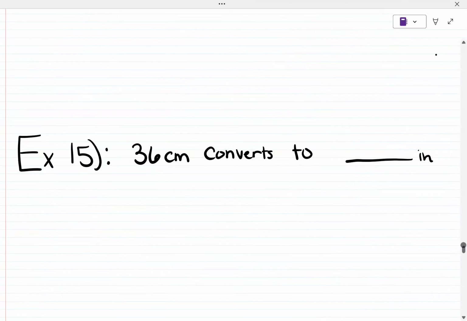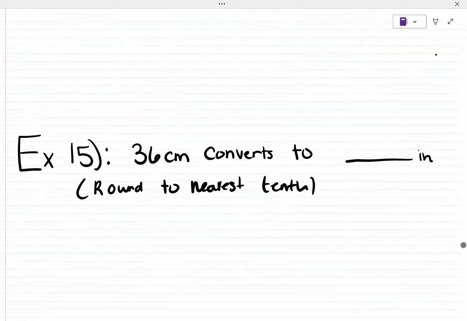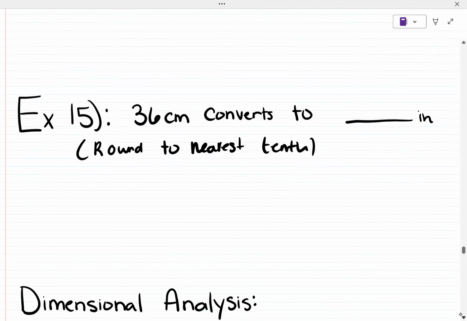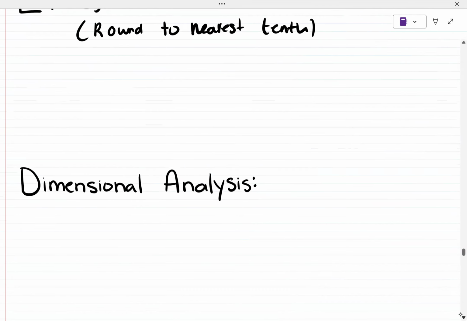Okay, example 15. We have to convert 36 centimeters to inches, and we have to round to the nearest tenth. Okay, so let's start with dimensional analysis. 36 centimeters times fraction, centimeters on the bottom and inches on the top, invisible 1.